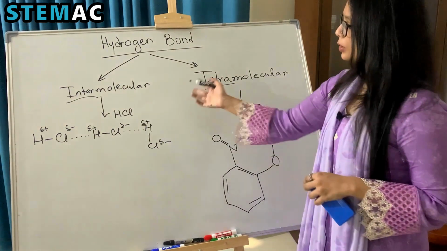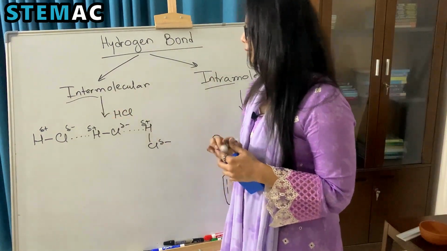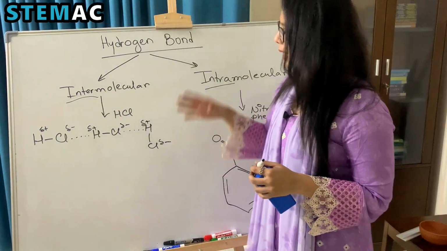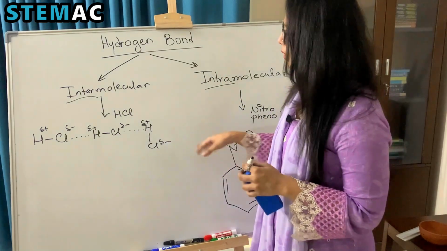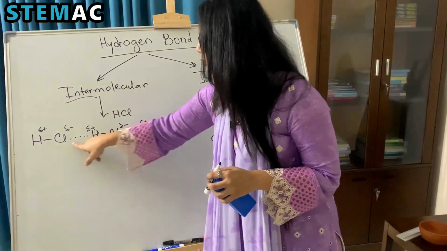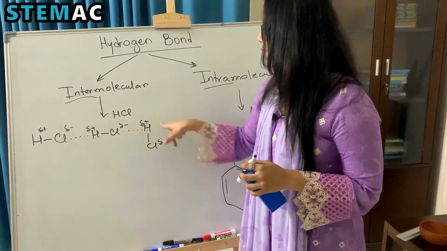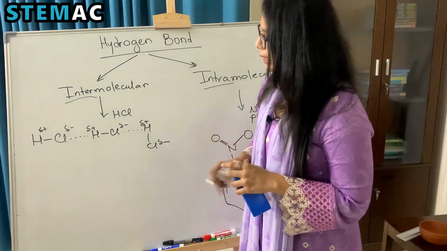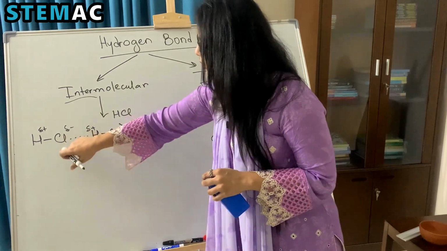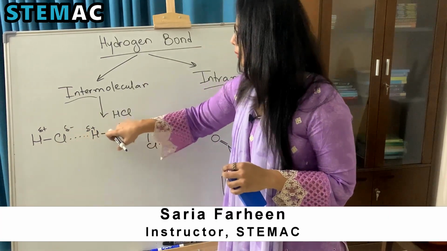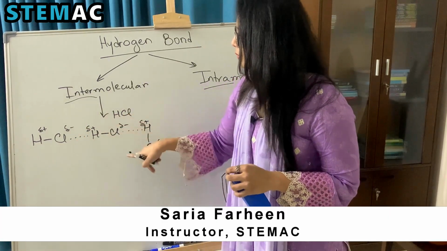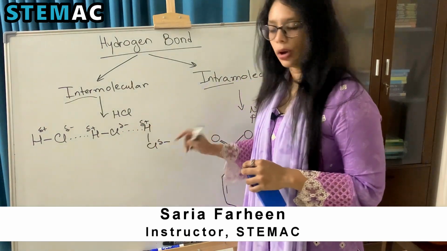From the structure of hydrochloric acid, and the same goes for water and hydrofluoric acid and so on, the hydrogen bond is formed between neighboring separate hydrochloric acid molecules. Here the chlorine of one hydrochloric acid has formed a hydrogen bond with the neighboring hydrogen atom of another hydrochloric acid, and so on.